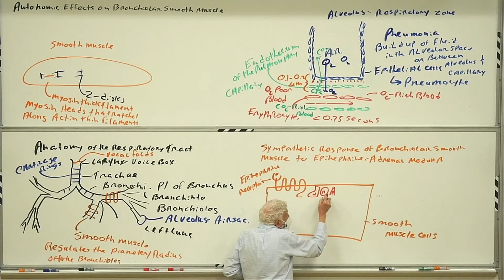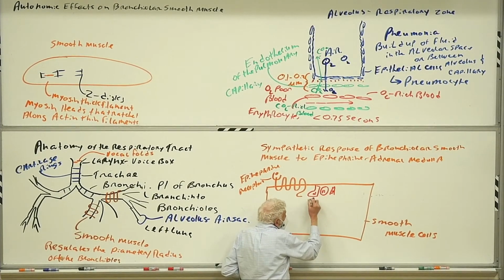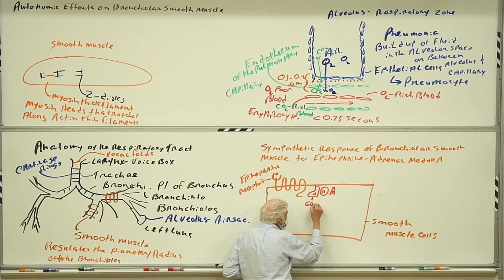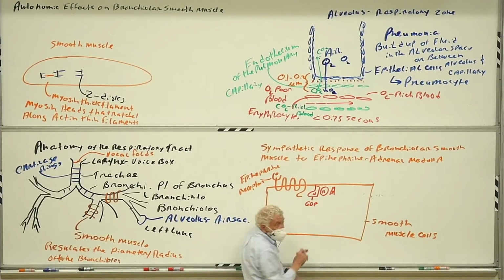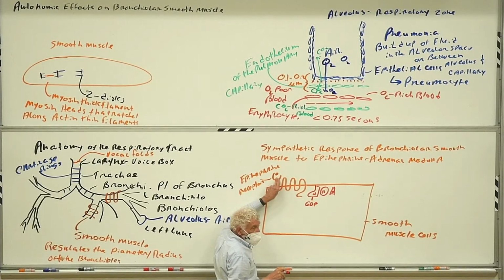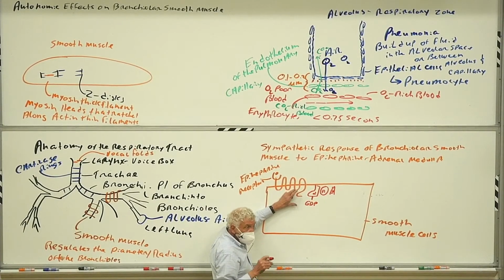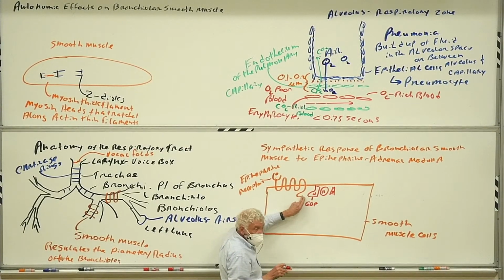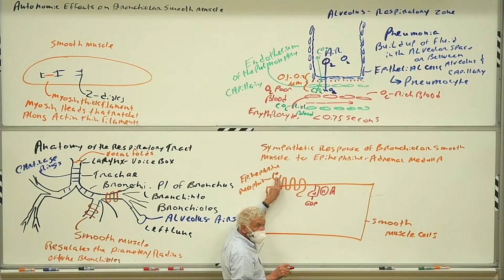I'll remind you that the alpha and beta and gamma all are cuddled up together as long as the GDP is attached to the alpha subunit. But when the epinephrine binds the G protein coupled receptor, it opens up a site in the cytoplasmic side. Just as before, this alpha subunit nestles into that binding site that's been opened by the binding of the neurotransmitter.